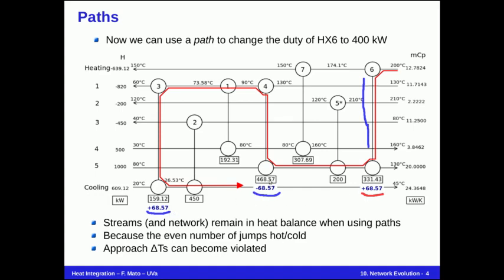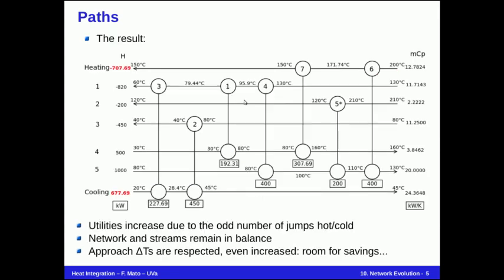Heating and cooling have been augmented by the same amount, as you can see in the result. The network and streams remain in balance, which is a great help. And in this case, as the utility augments, the difference in T also increases, which can allow for some savings.